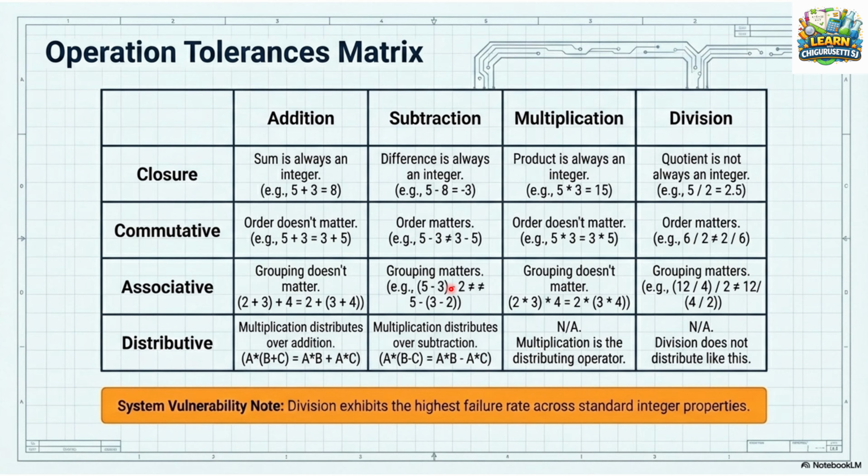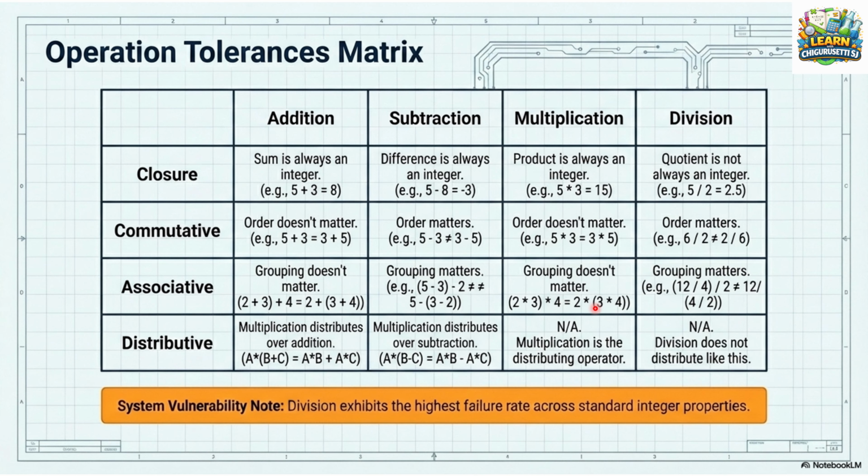Here in subtraction, it doesn't satisfy because 5 minus 3 is 2, then 2 minus 2 is 0. But it is not equal because 3 minus 2 is 1 and 5 minus 1 is 4. So it doesn't satisfy.